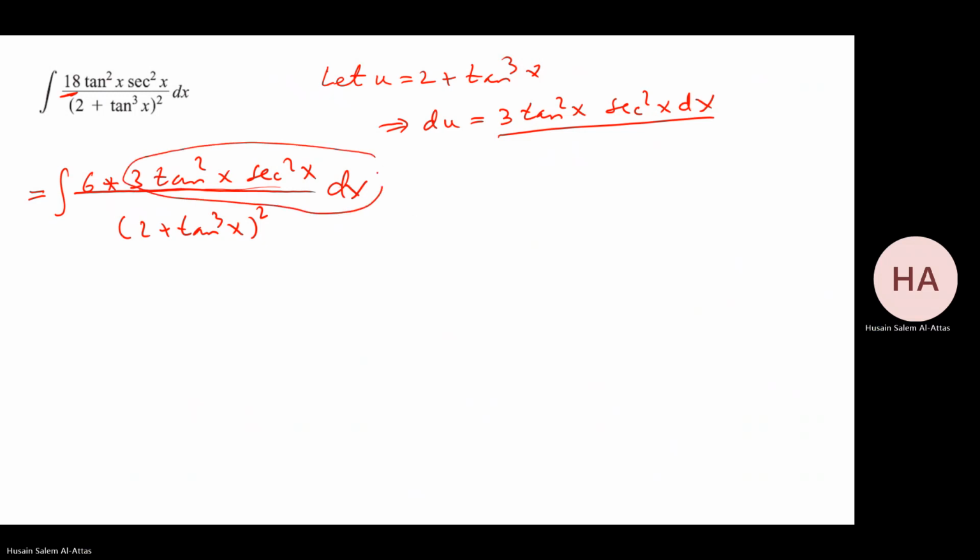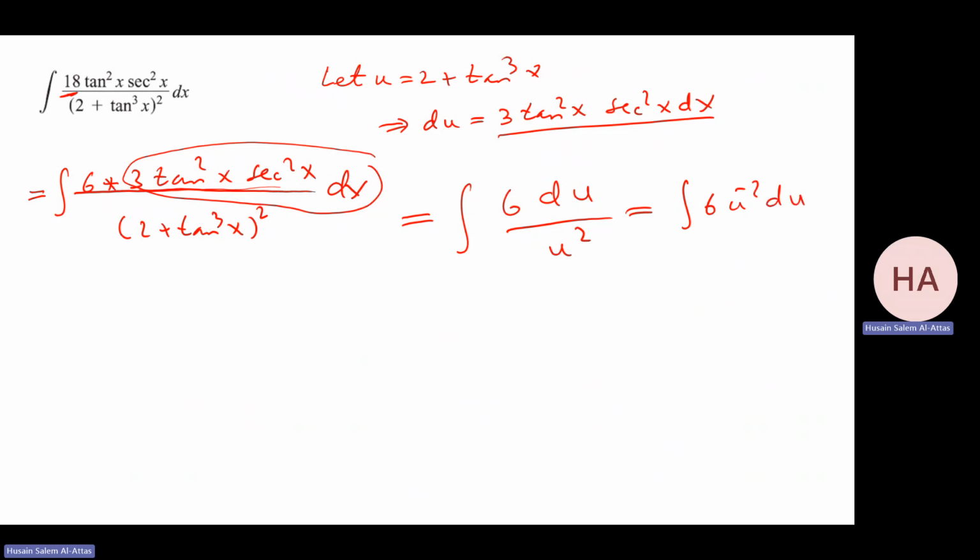So it will be 6 du over u squared, which is what? You can write it 6 u to the minus 2 du. And this is minus 6 u to the minus 1 plus c, which I can write as minus 6 over (2 plus tan cubed x). Yeah. So this is my u, plus c. Okay.